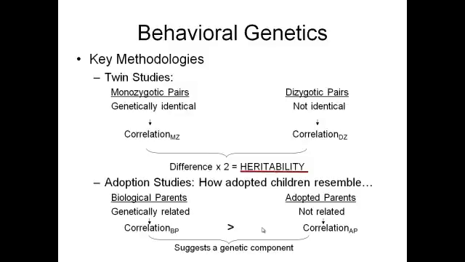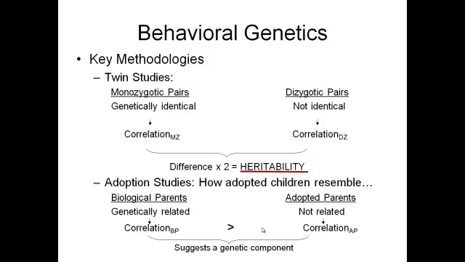Basically, when you have identical or monozygotic twins, or fraternal or dizygotic twins, you have opportunities to conduct research in that you have two individuals, presumably raised together in similar environments, but genetically you can test to see how similar they are in various characteristics.